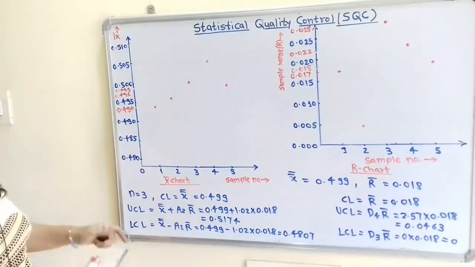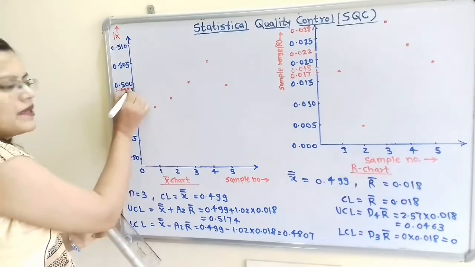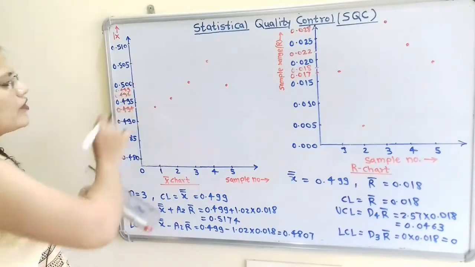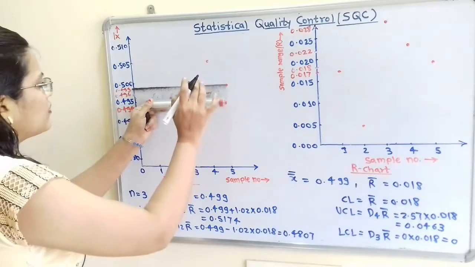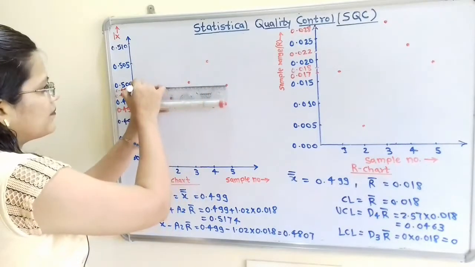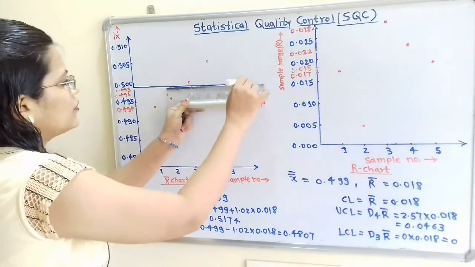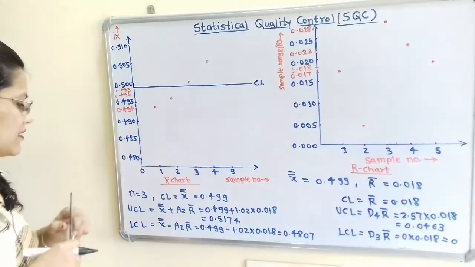I have to show it here. If we observe, the point 1 centimeter below 0.500 is 0.499. So from this I have to take one horizontal line. This is the value for CL, that is the center line.